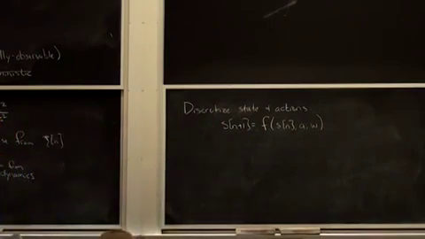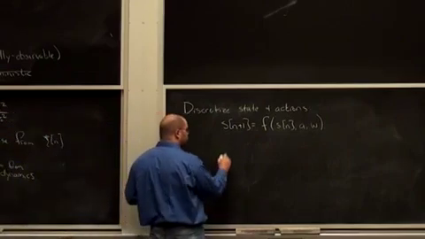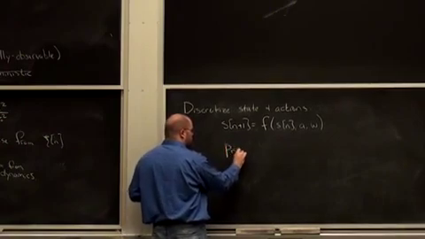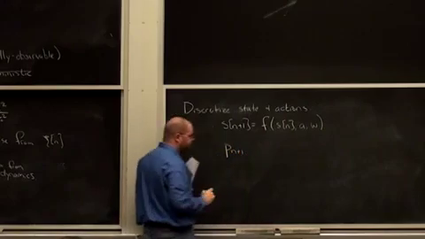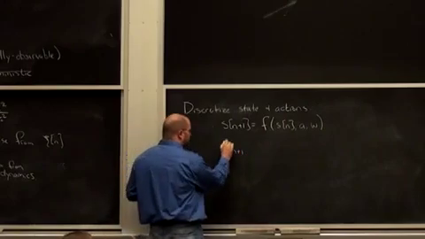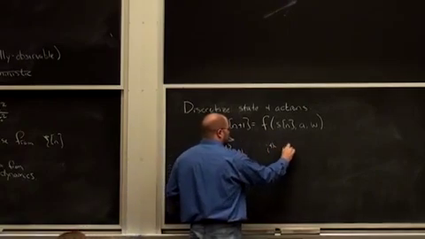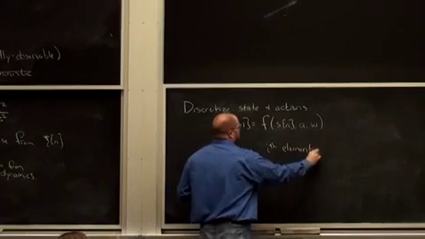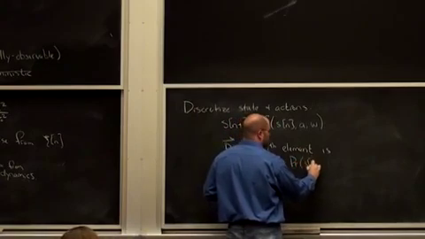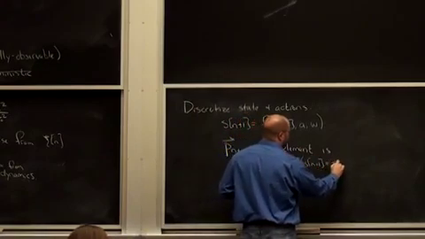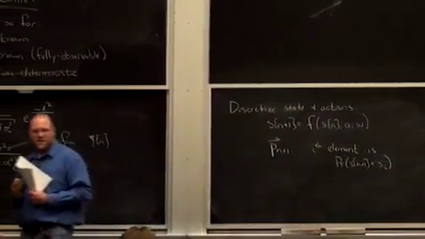And the advantage of discretizing state and actions is now I can think of p_{n+1}, which is a function of s, as just a vector where the ith element is the probability that s_{n+1} equals s_i. Is that okay?